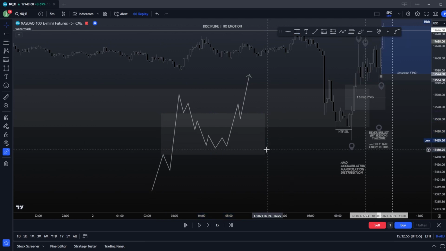It's all the same stuff, just different ways of saying, displaying and recognizing it. Cup and handle is just accumulation as price starts to react off an imbalance for continuation. It's all the same stuff.